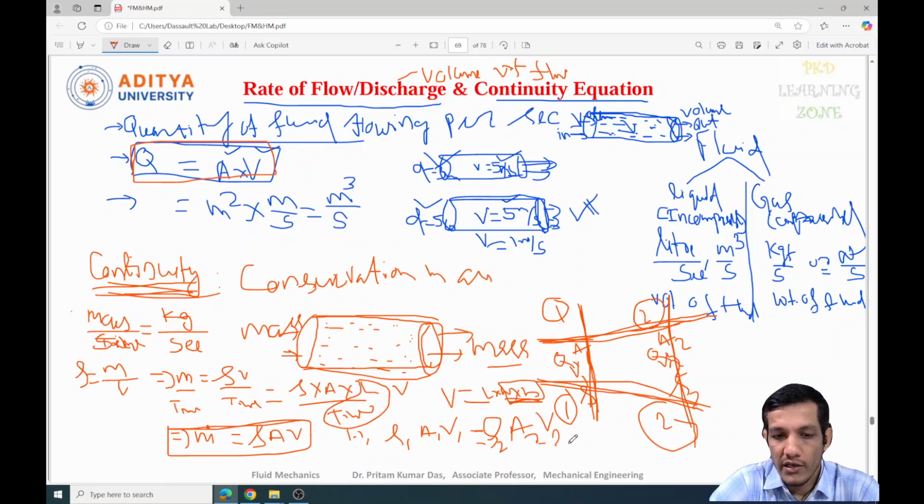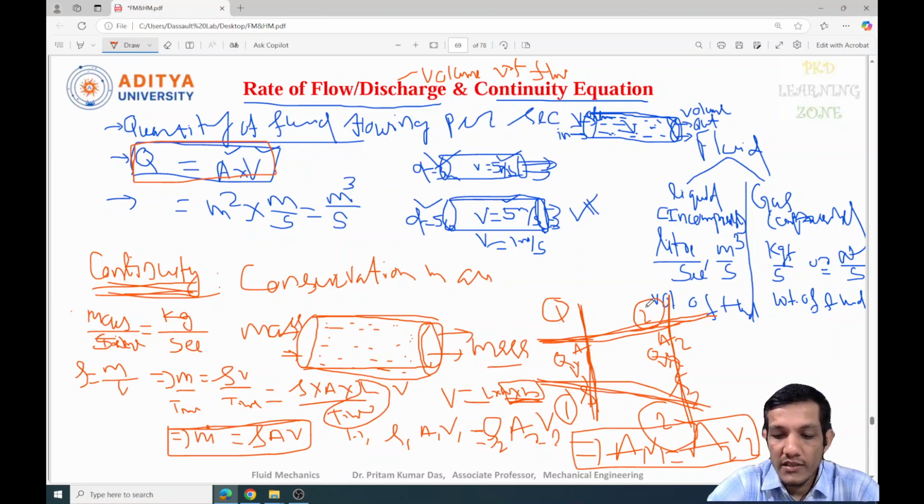As per the definition, both should be equal. Since the density rho is fixed, we can write A1 V1 equal to A2 V2, as per the continuity equation.